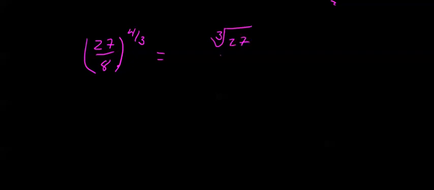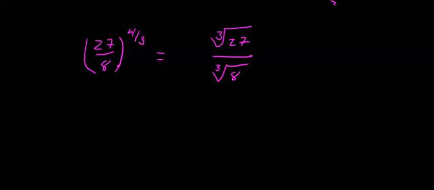We'll have 27/8, and since I'm taking the whole fraction to a power, we'll put this at the 4/3 power. So that is the cube root of 27 over the cube root of 8.